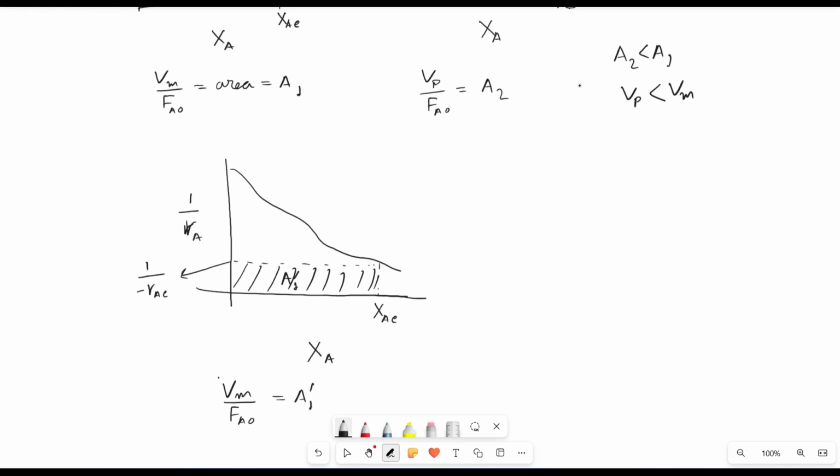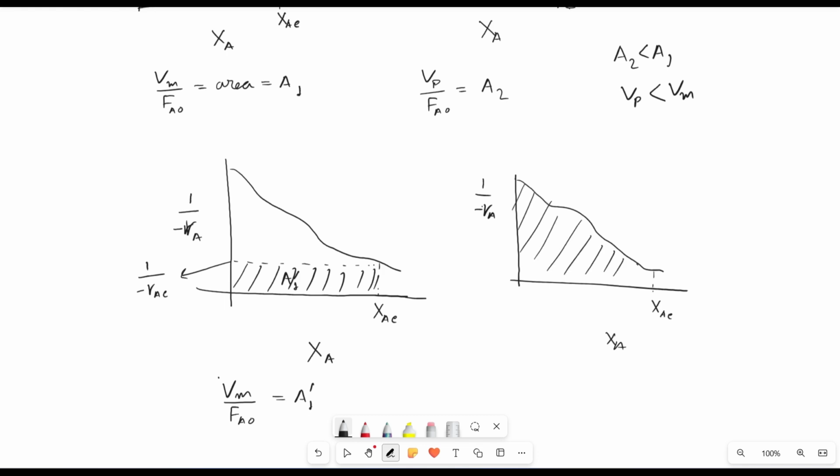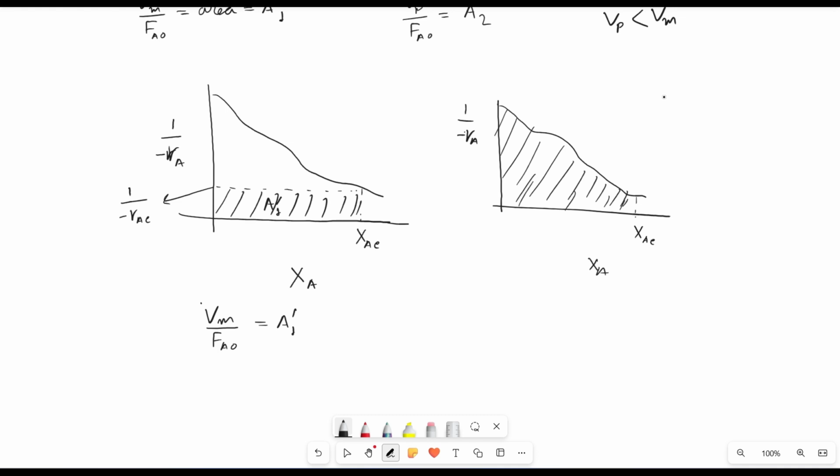And for the same curve, minus 1 by RA versus XA, up to the exit, this entire area will be the plug flow area. Suppose this is area 2 prime.